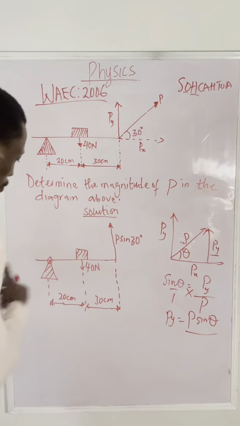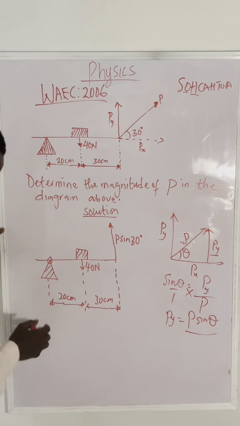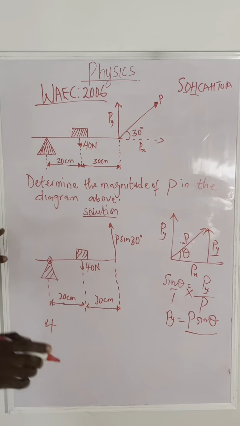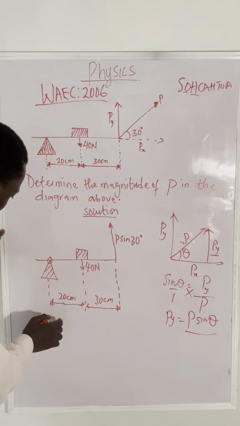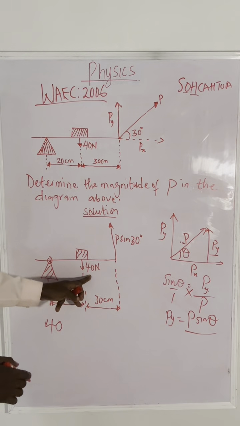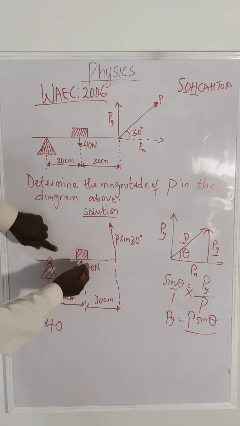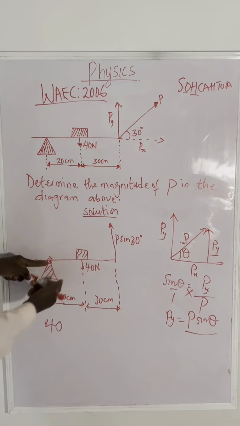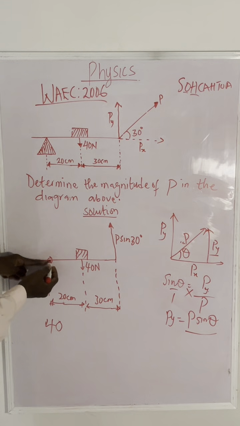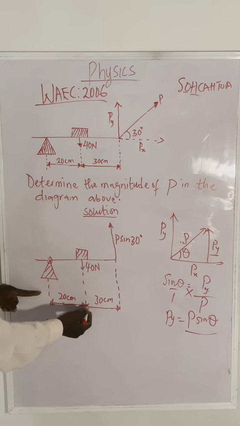So the clockwise moment here is going to be the force, and what is moment? Force times perpendicular distance. So the force is actually 40 here, right? So what is the perpendicular distance of this force from here? From here to here is 20 centimeter, right?